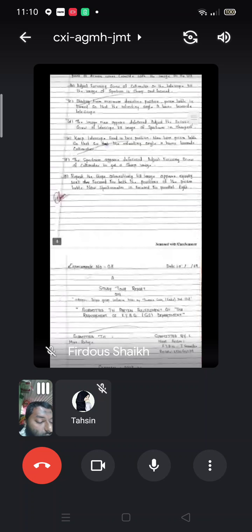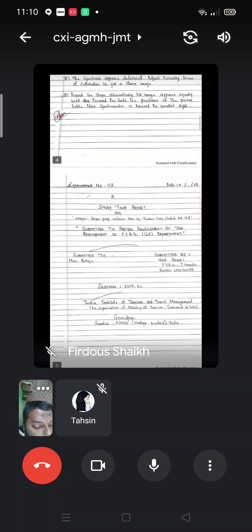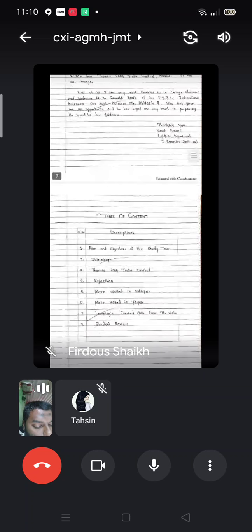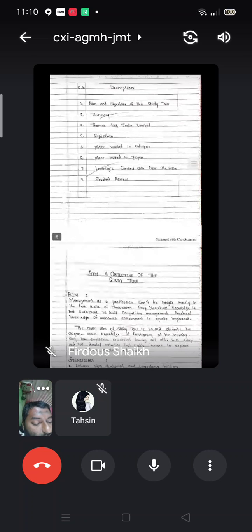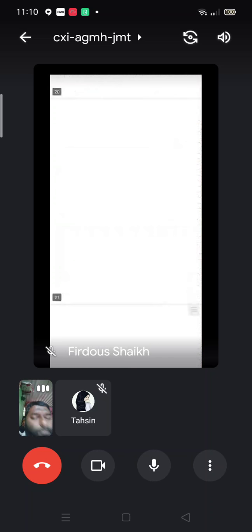And experiment third is the study tool report. Okay, only these things are there in this particular paper that we have to see.